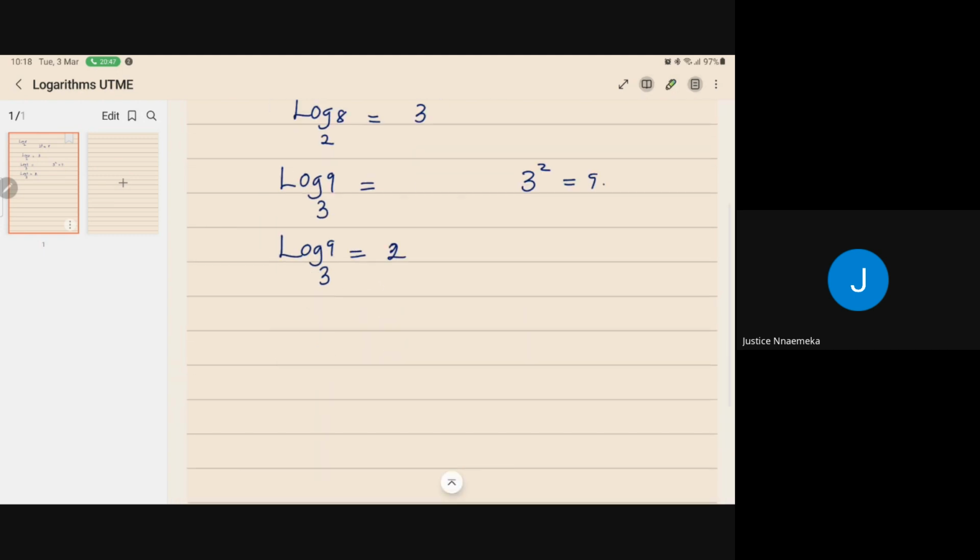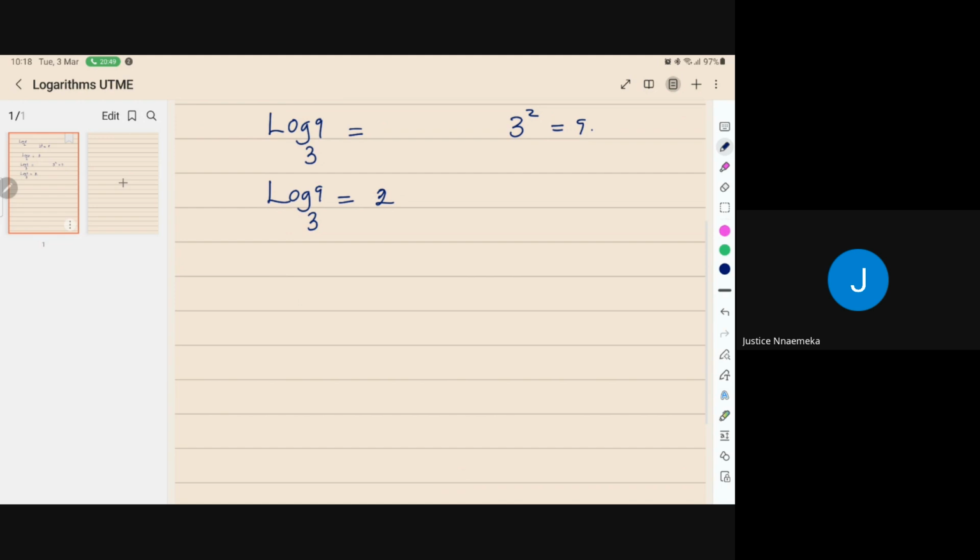Another thing can also be this way. We can as well have something like log 4 base 2. So which number will I raise? What number am I going to get if I raise 2 so I can get 4? 2 raised to what power will give us 4? That's simply what the thing is trying to tell us.